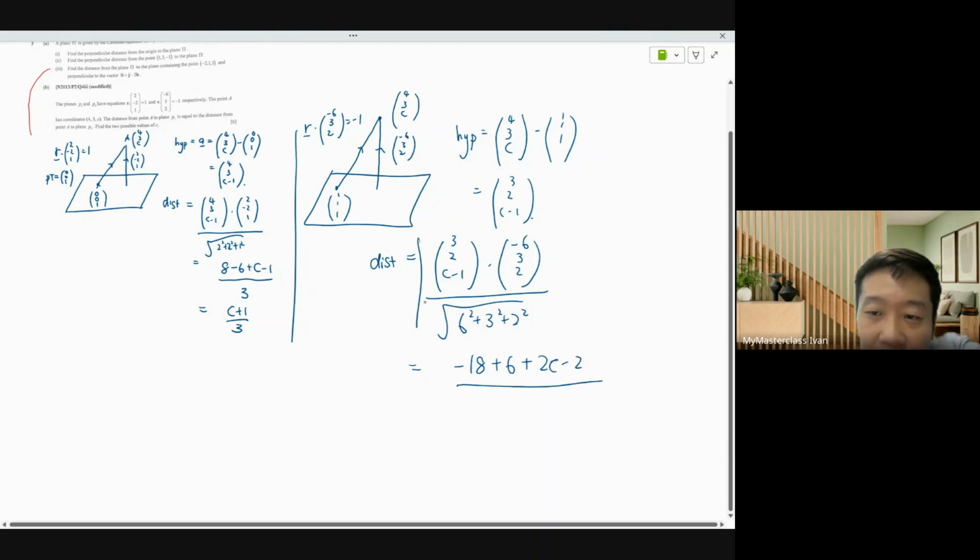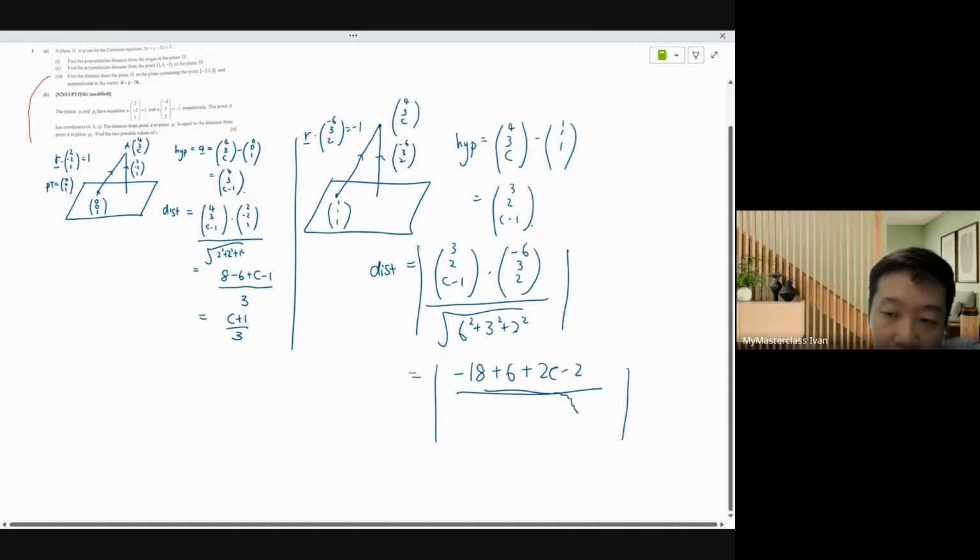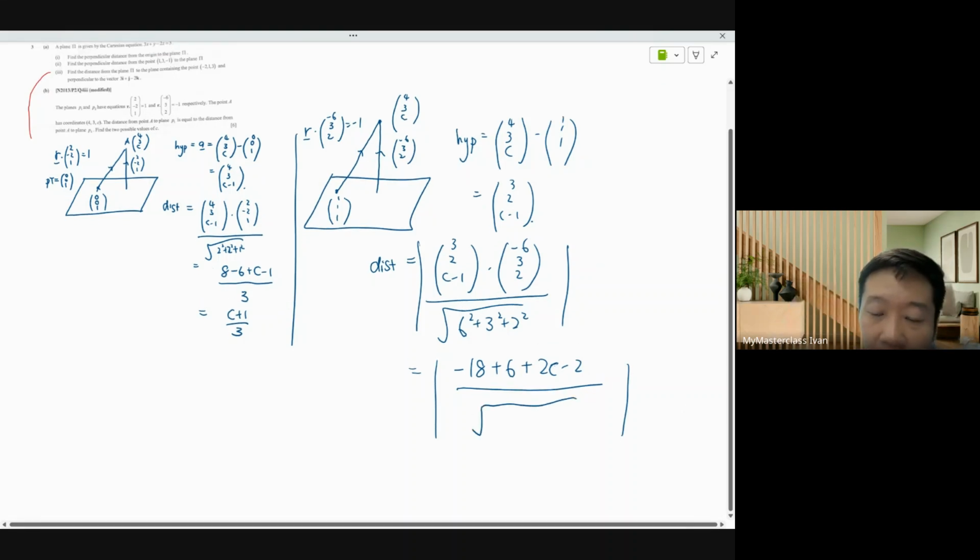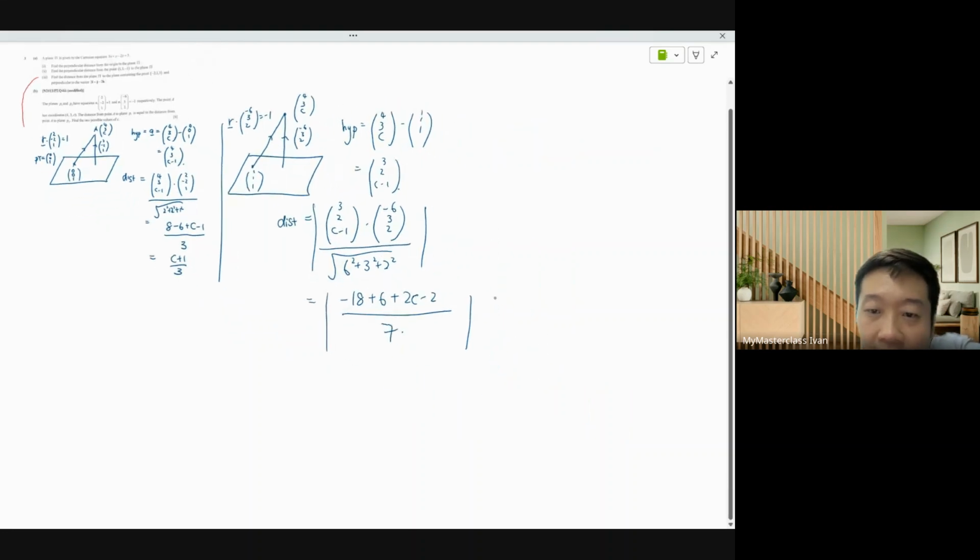This one is modulus, over 7. So modulus, right? That's how you get your two possible answers.